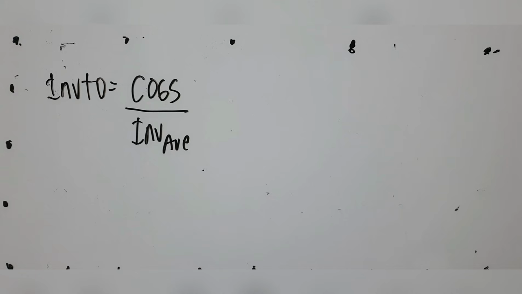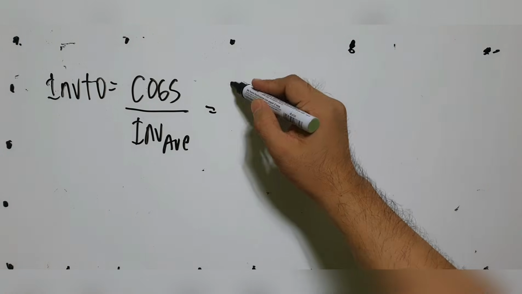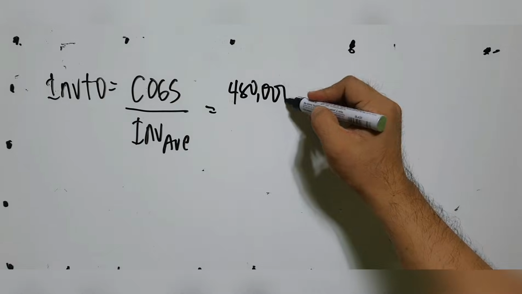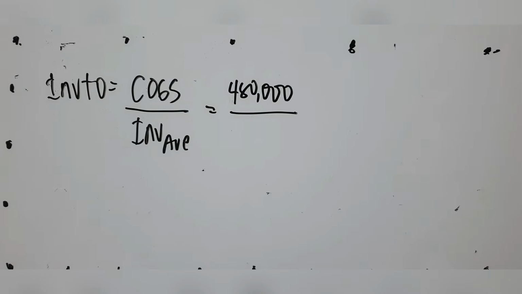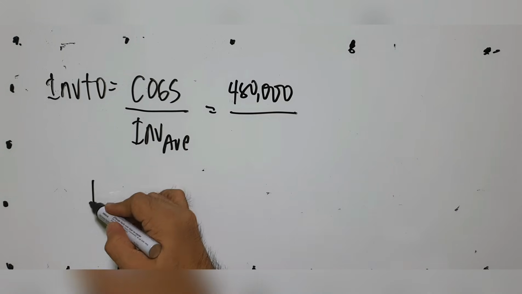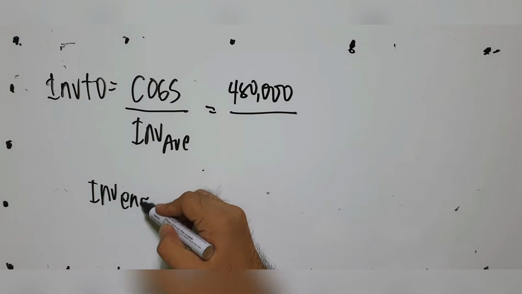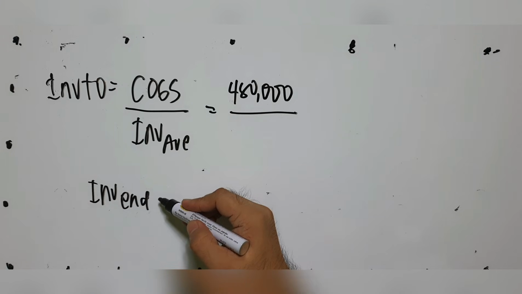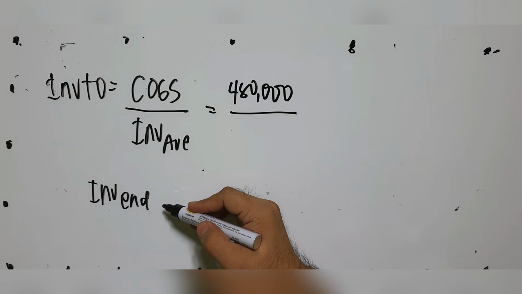Okay? May cost of goods sold tayo na 480,000. Okay? Divided by the inventory average. Kaya lang, ang inventory na meron lang tayo ay at the end of the period. So, inventory end is equal to magkano inventory end natin?